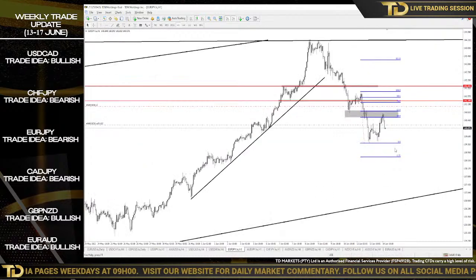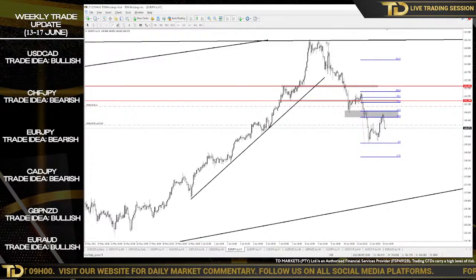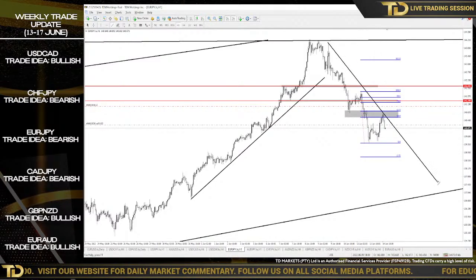Euro yen is another one. We also got the trade here. We're expecting this to be the end of this correction and for price to continue the leg to the downside. So that's an update on Euro yen. This is what we see right now, and this is also the next leg we are anticipating.